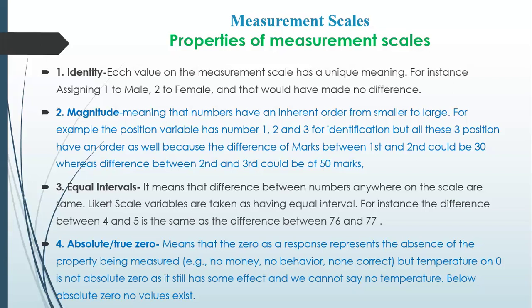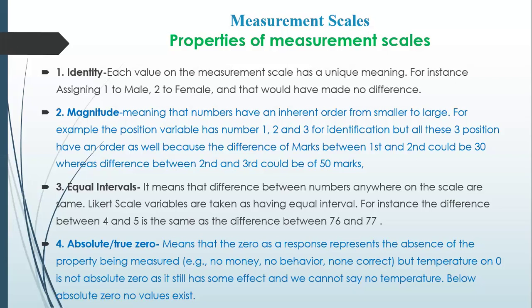But the intervals between the positions are not equal. It means the difference in total marks between the first position and second position, assume it may be 30, and between the second position and third position may not be 30. It is totally different, it may be 50 or something.